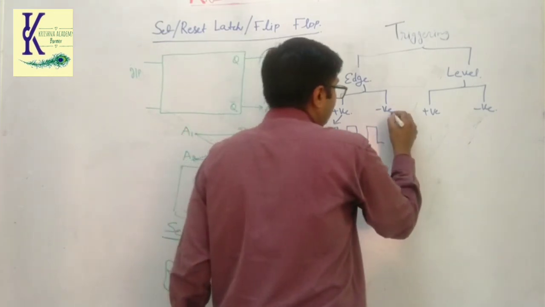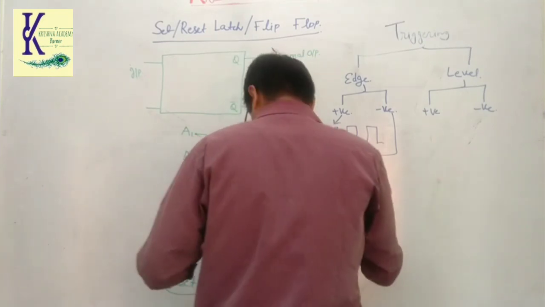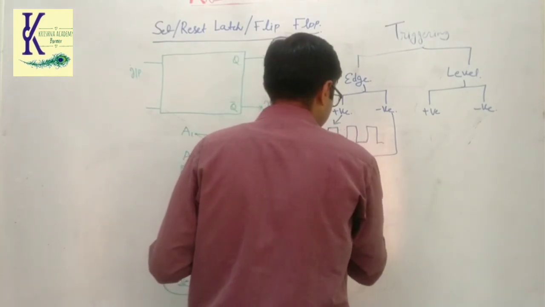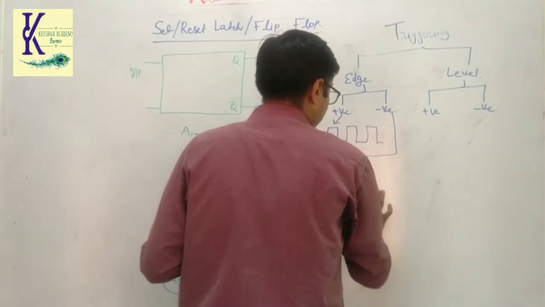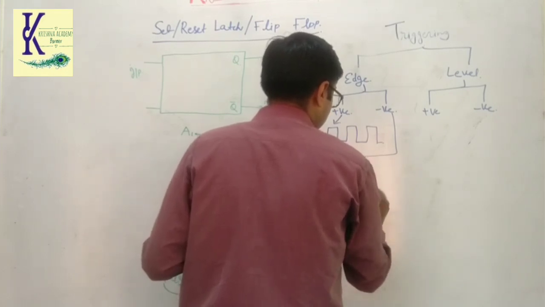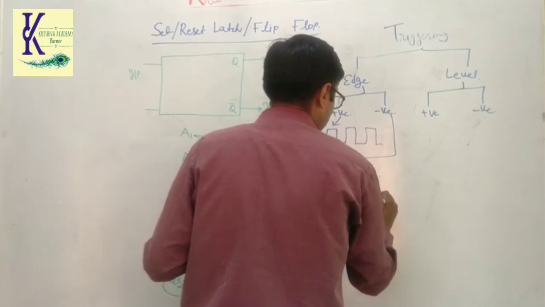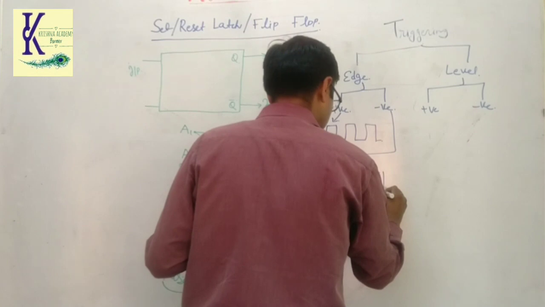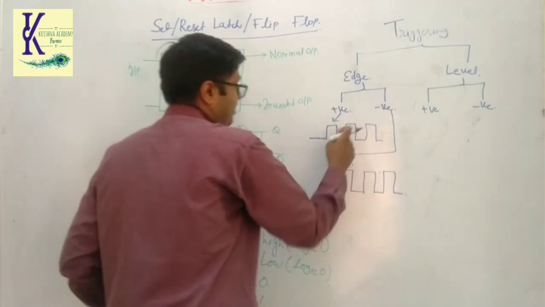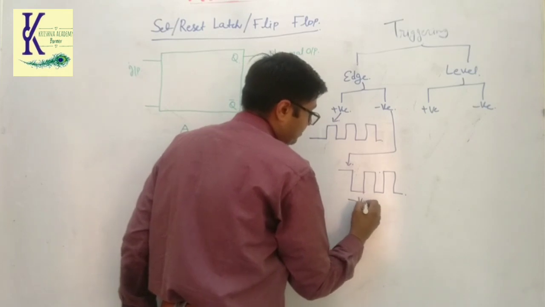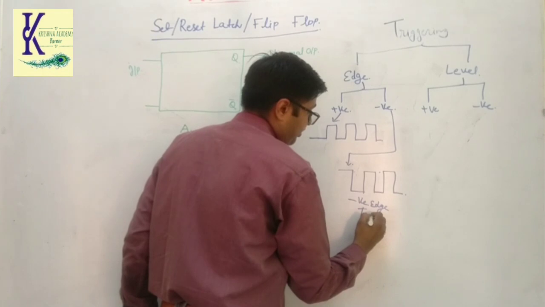If you want to show negative edge triggering, you start from the high level. This one is the positive edge triggering, this one is the negative edge triggering.